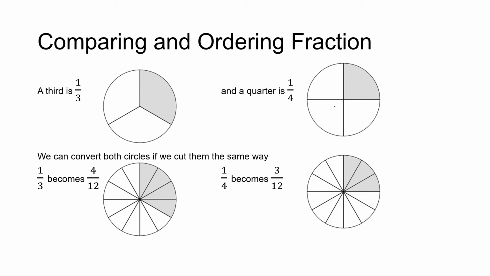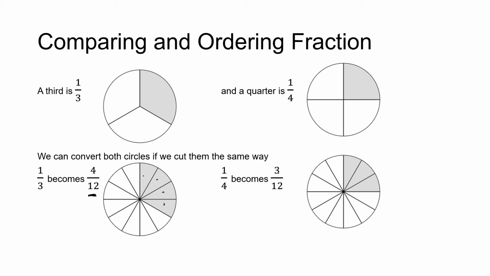1/3 and 1/4. We cut them in the same way, into 12 slices. We're going to convert them into this picture and this picture. As you can see, it's cut into 12, so our denominator is now 12. Let's count the shaded size. 1, 2, 3, 4. This is 4/12.